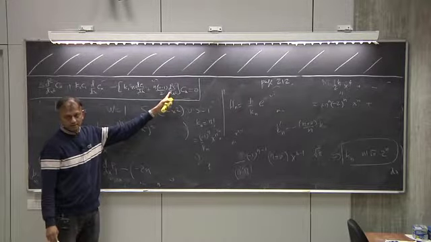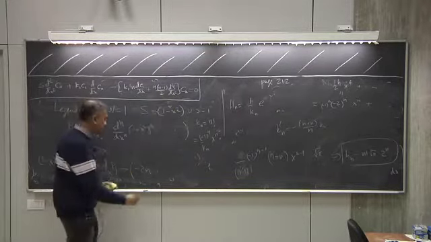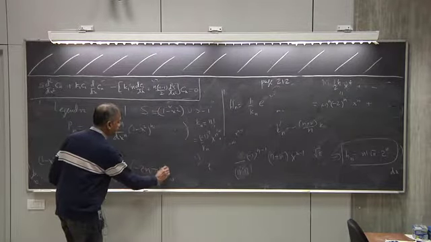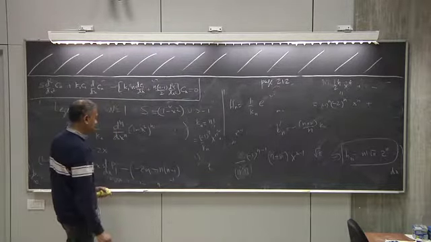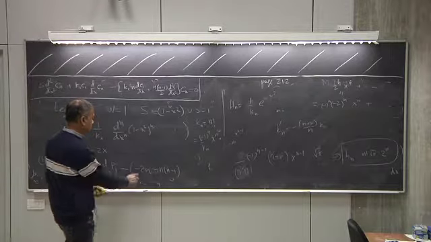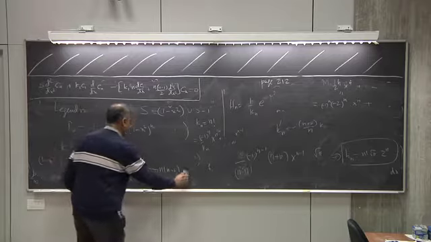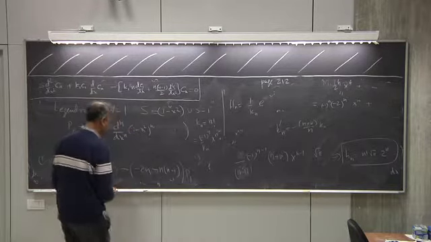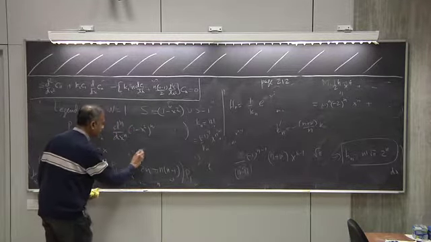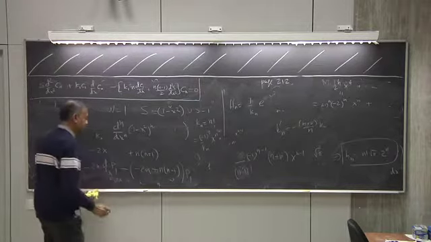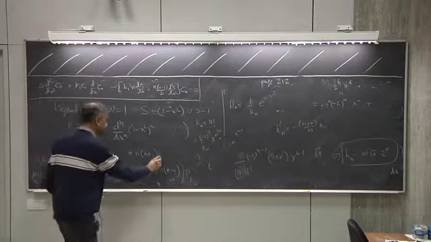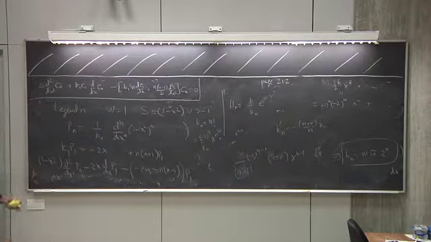So minus 2 cancels, and you get minus n times n minus 1. Putting that together is minus n times n plus 1. So this whole thing becomes plus n times n plus 1 times P1.